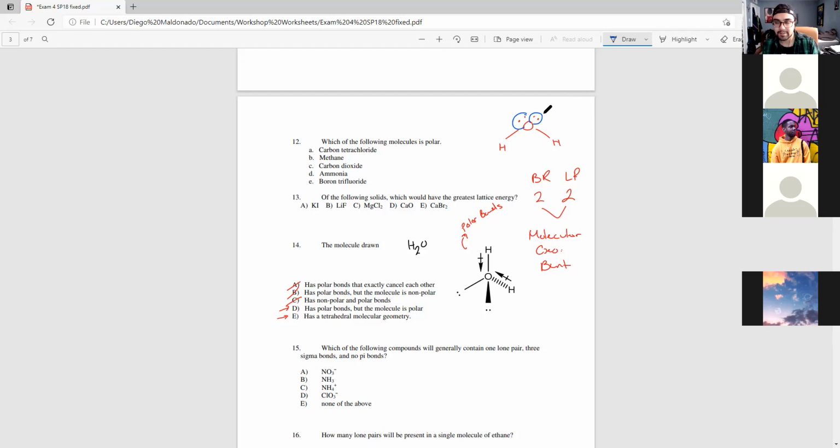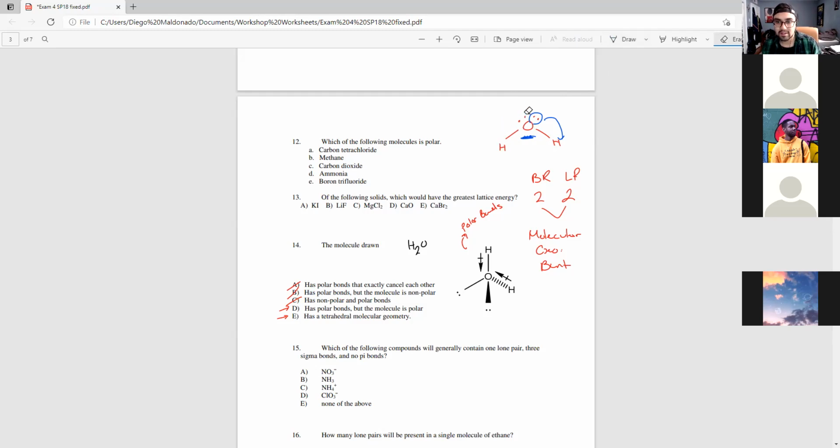The reason why it's bent deals mostly with the lone pairs and the hydrogens. So it does have to deal with the hydrogens, but it also deals with the lone pairs. The lone pairs kind of push down the hydrogens to the side and make it into a bent shape. So hence why it's bent.